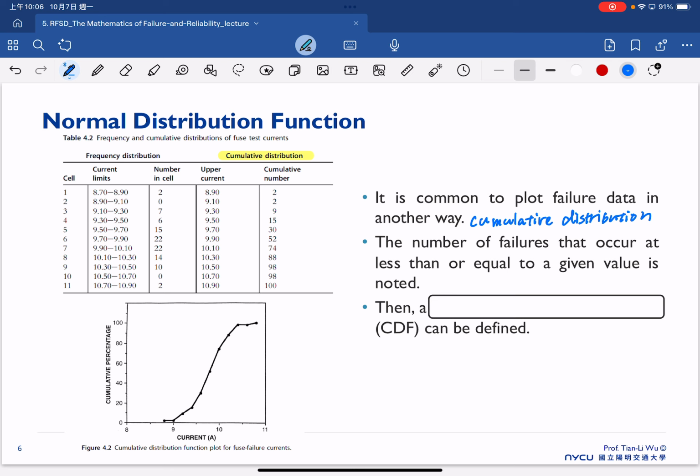This is generally plotted as the number of values that occur at less than or equal to a given value. If you look at the text, it's not easy to understand, but that's explained step by step here.